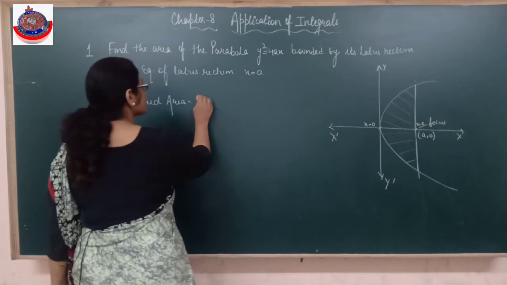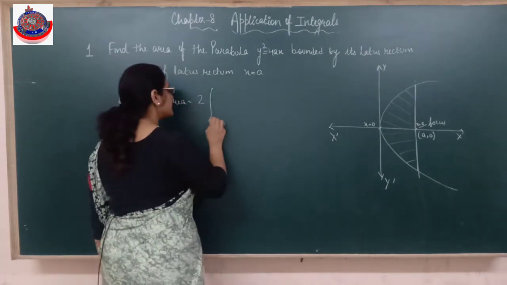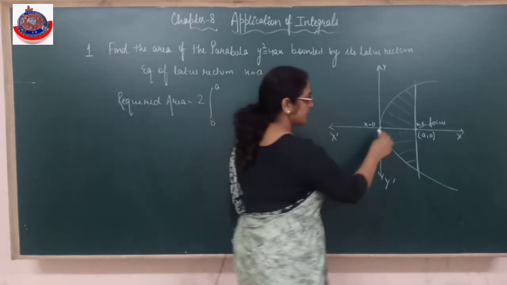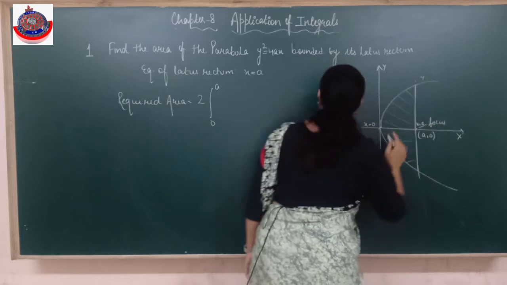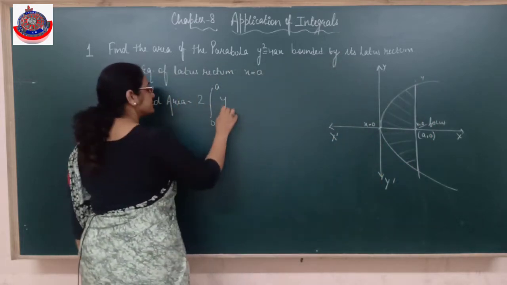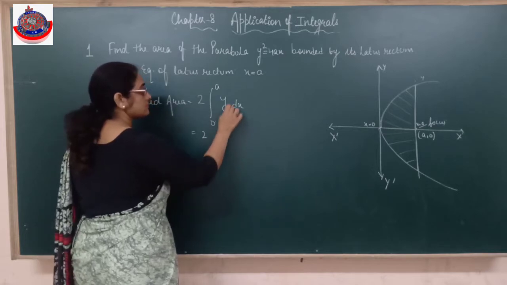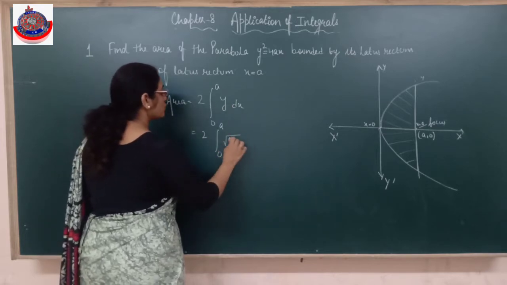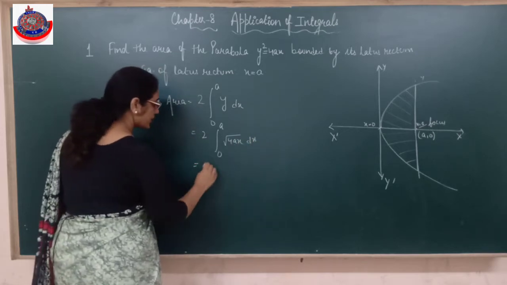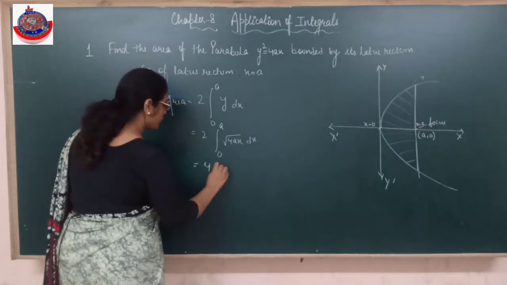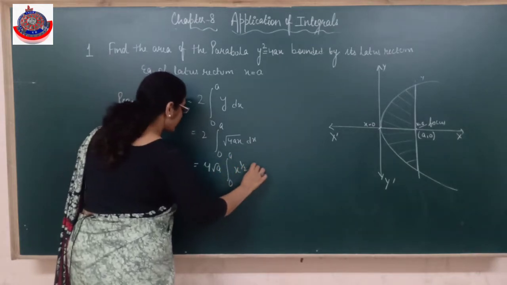So it is 2 into the definite integral, limit 0 to a. It is bounded by the curve, this one. So y of the parabola. How to find y of the parabola? It is root 4ax. 4 will go out, it will become 2. 2 into 2, 4 and root a. And I need to integrate x raised to power 1 by 2.